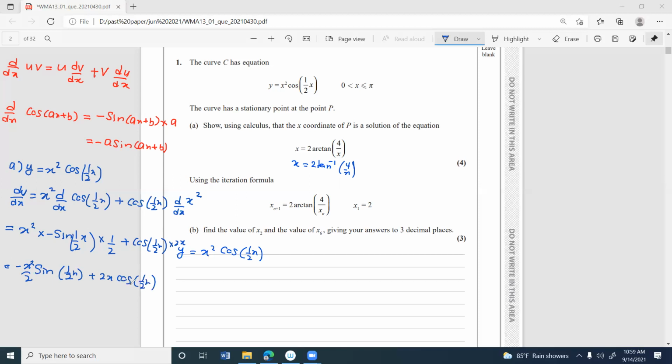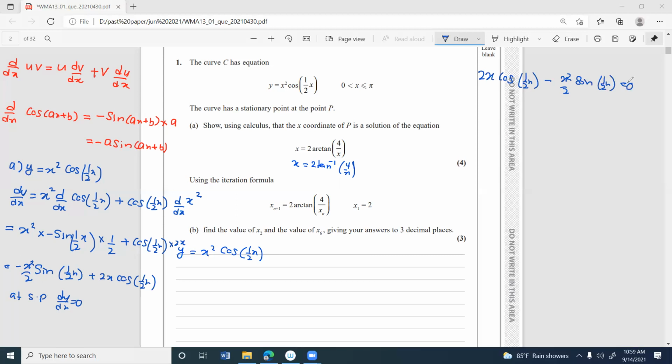Okay. Now we'll work out the final part of it. At the stationary point, we know that dy by dx is equal to 0. Therefore you can write 2x cos half x minus x squared over 2 sine half x is equal to 0.